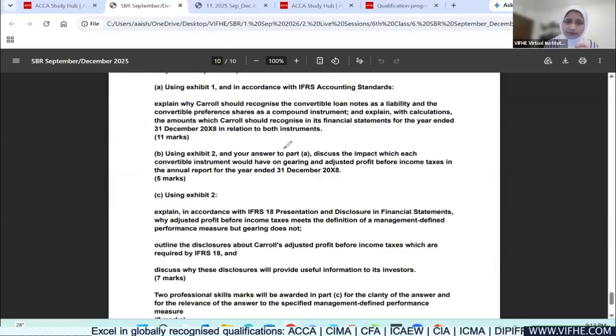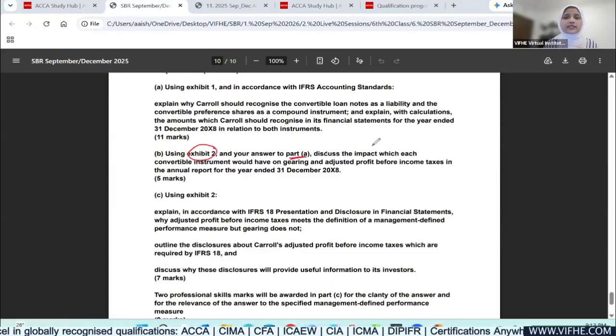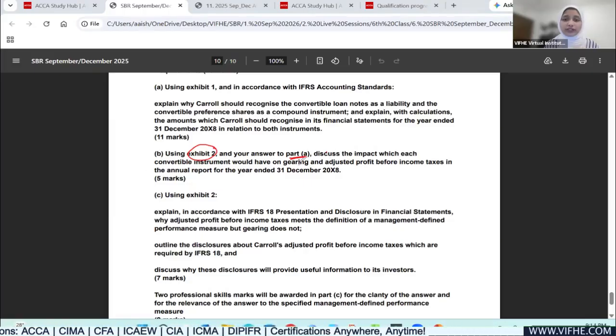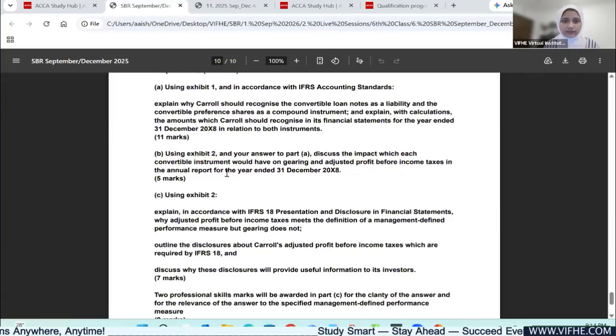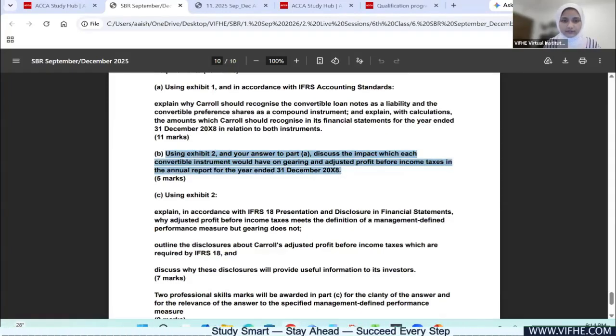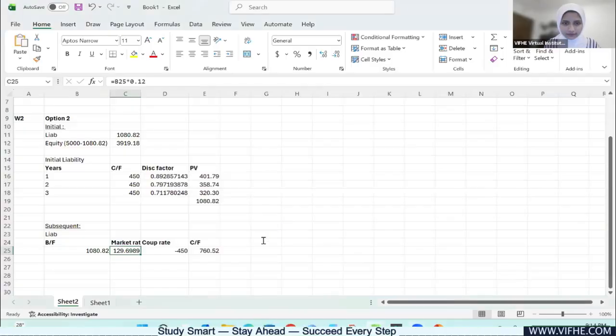Using Exhibit 2 and your answer to Part A, discuss the impact which each convertible instrument would have on gearing and adjusted profit before income taxes in the annual report for the year ended 31st December 20x8. So they want the impact of both the options on gearing and on adjusted profit. Don't worry. It sounds like too much to do, but just see the requirement. It's just 5 marks.